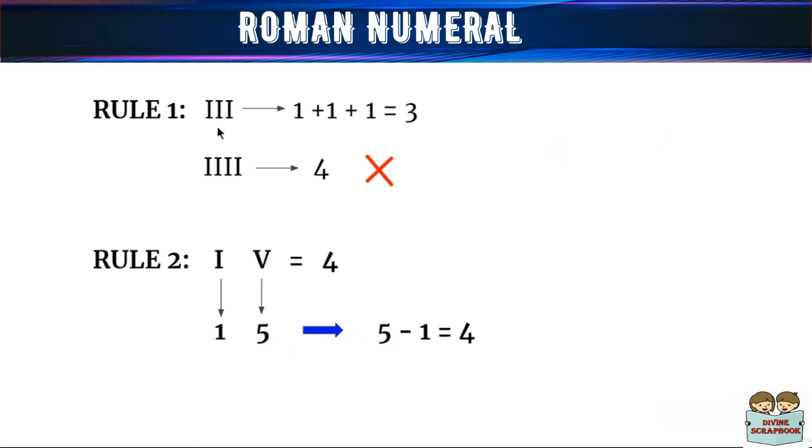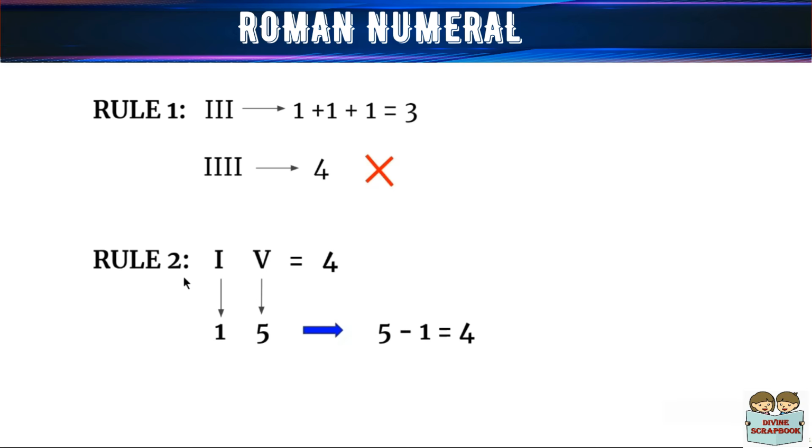I have already told you how to write 3. Which will be I plus I plus I, that is 1 plus 1 plus 1 equals 3. But we cannot repeat the digits 4 times, so to write the Roman numeral for 4, we can use Rule 2. Children, can you tell me what Rule 2 states?